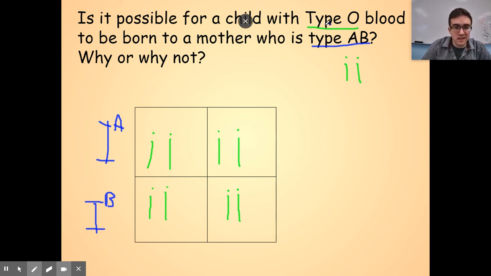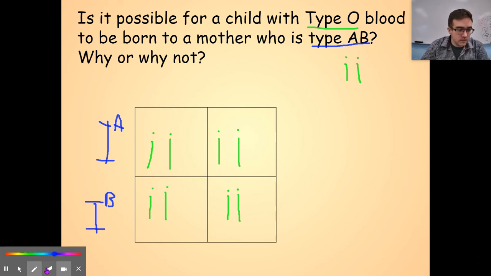And since the child's type O, we have to have two lowercase i's here. So it is impossible for a child to be born with type O blood if either parent is type AB. You cannot have a child with type O blood because we have to receive two lowercase i's.